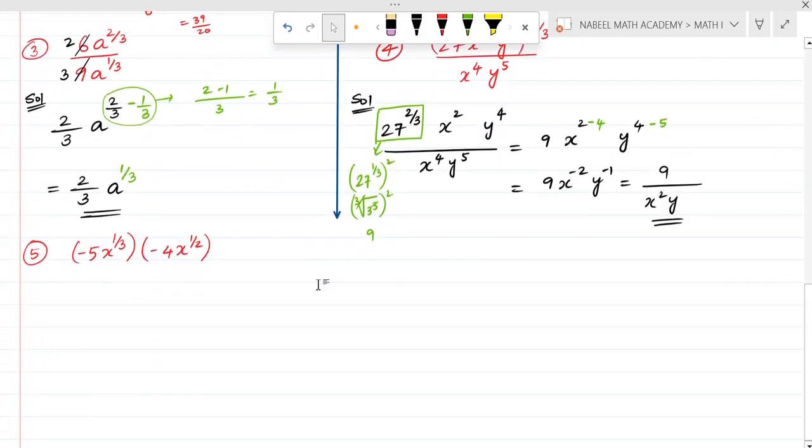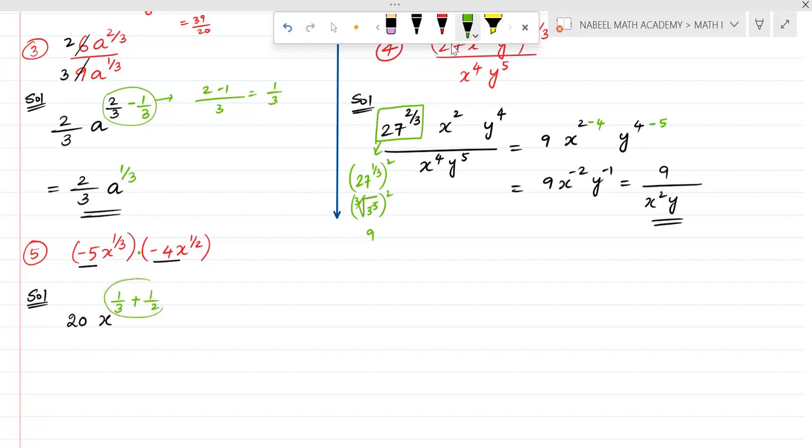The last question. We have a negative in both the terms, so I will multiply number with number first. Minus of minus becomes plus, because there is no power. If there is a power, first you have to simplify the power. Because there is no power here, I directly multiply. Minus of minus is plus, 5 into 4 which is 20, x to the power, since the bases are the same and it is a product, therefore it is 1 over 3 plus 1 over 2.